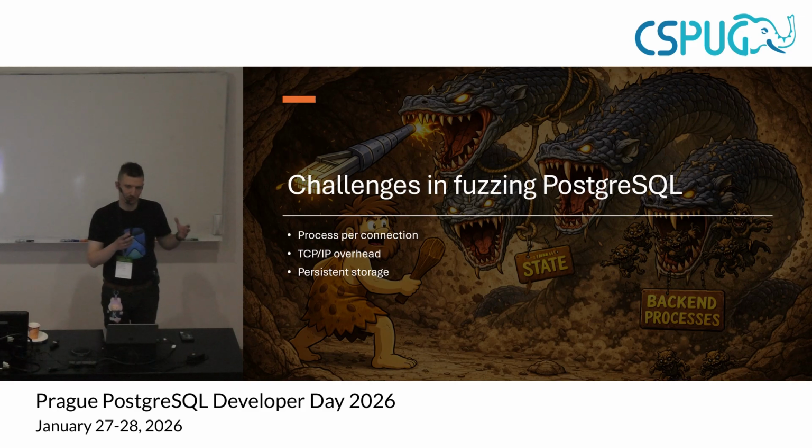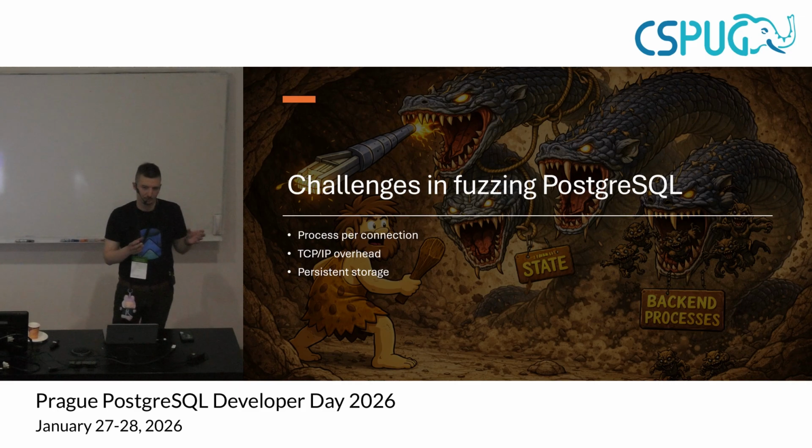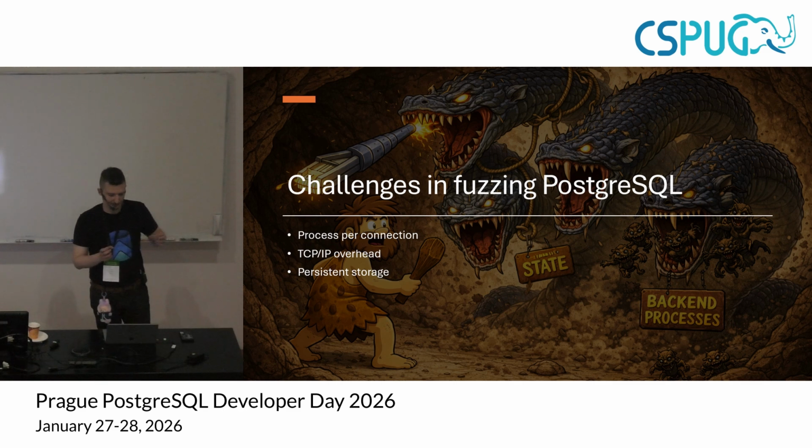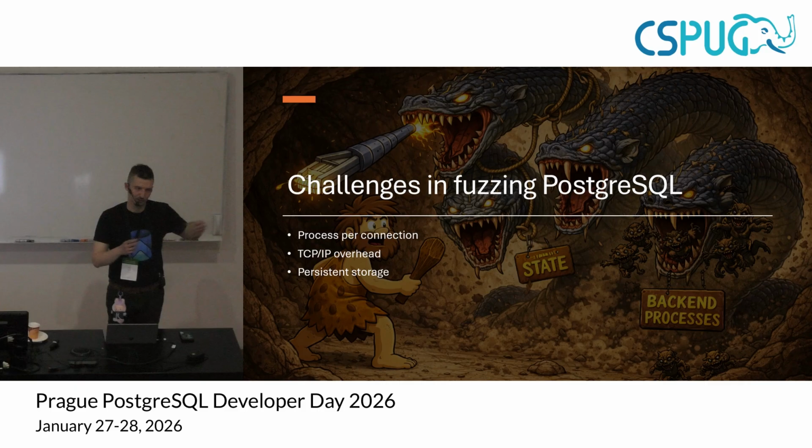And it becomes challenging to discern between PostgreSQL crashed versus it thinks I'm feeding it something that is invalid and it crashes on purpose. So we have to write additional code to discover that. And anytime you change your fuzzing target, like I did in my example, you have to redo the harness, rethink what you're doing. So it's a long and time-consuming process.